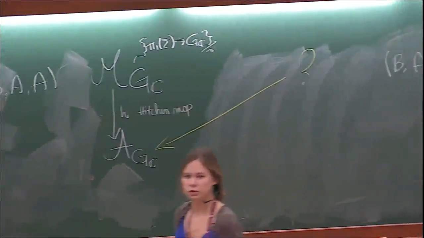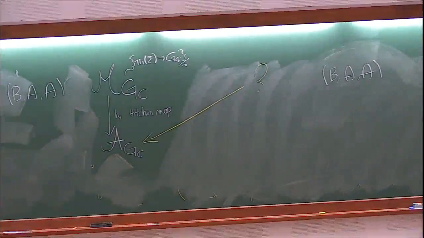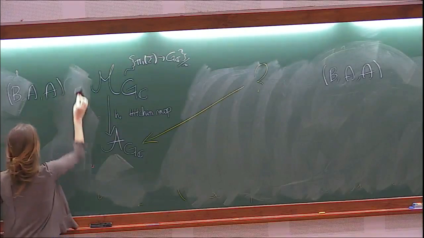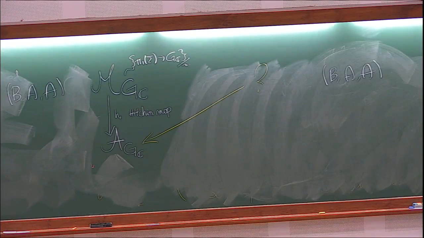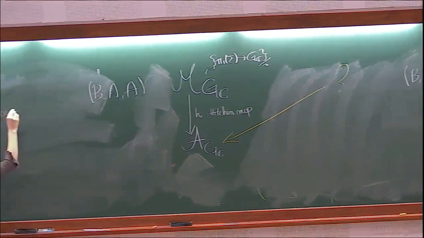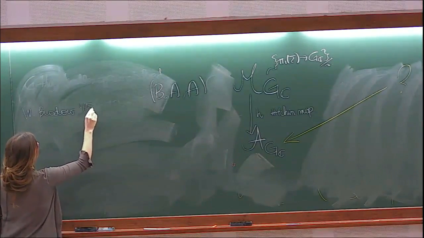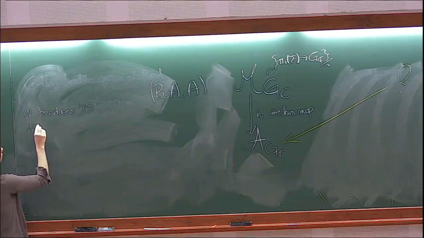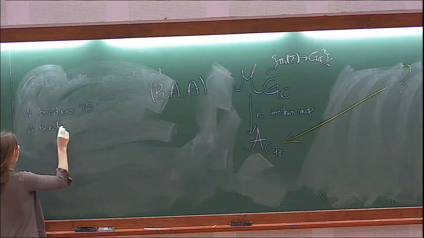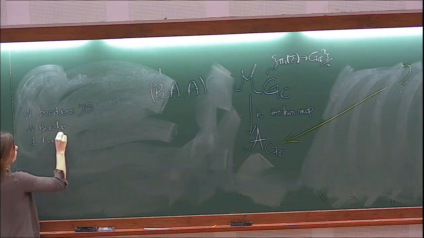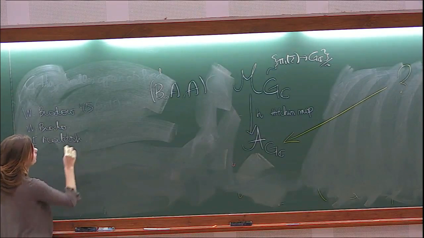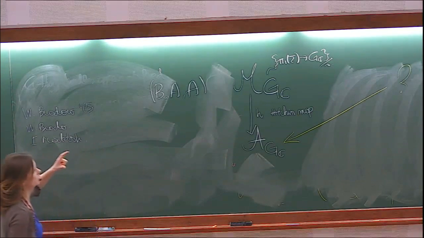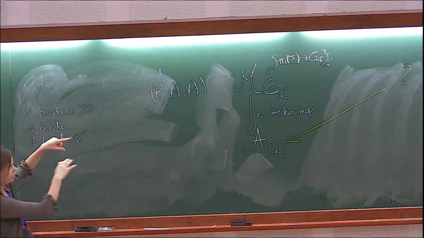You can try to approach this question in many different ways, but the way that we try to approach it, and what I'm telling you here is work with Steve Bradlow from last year, and with Steve Bradlow and Ian McIntosh this year, is to understand ways in which we can get these correspondences.